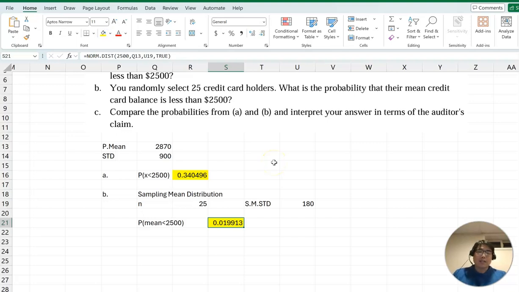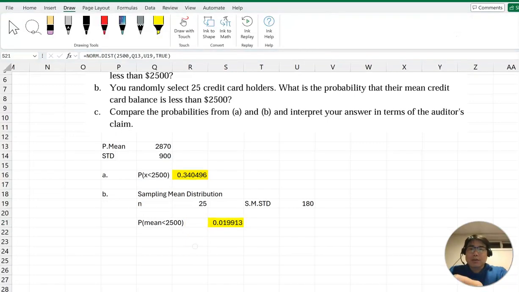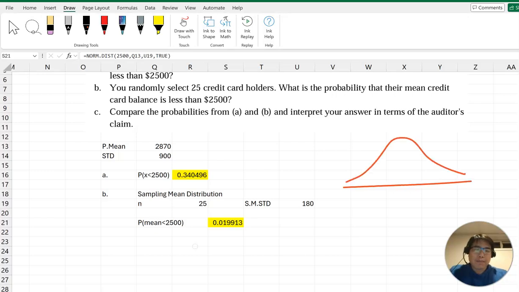Why is this happening? In the normal distribution case, the graph looks like this.